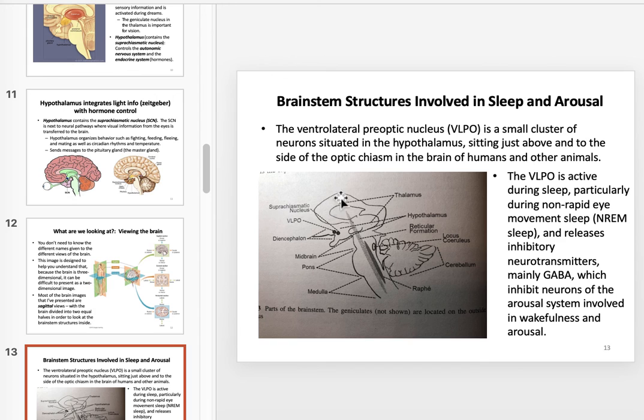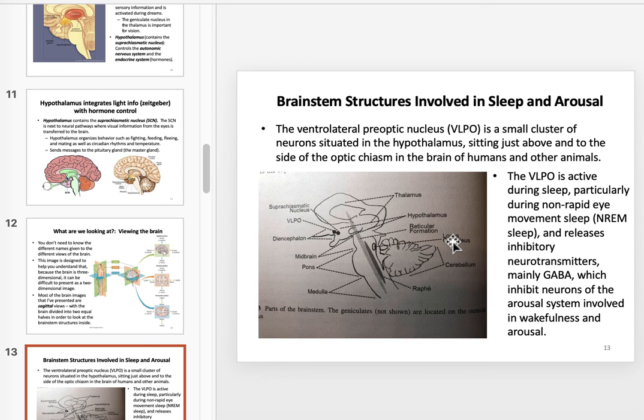Remember our diencephalon? Thalamus, hypothalamus. We've got our suprachiasmatic nucleus, which exists as a substructure within that hypothalamus. I don't quite know why they labeled the diencephalon twice on this. Once again, the diencephalon refers to just that combination of structures, the thalamus and the hypothalamus.